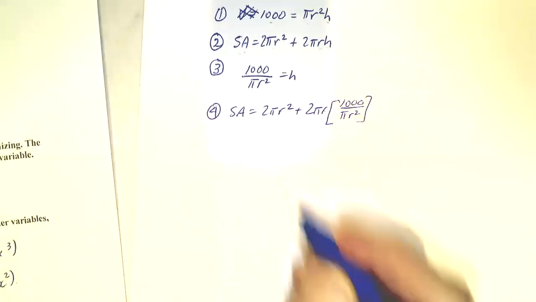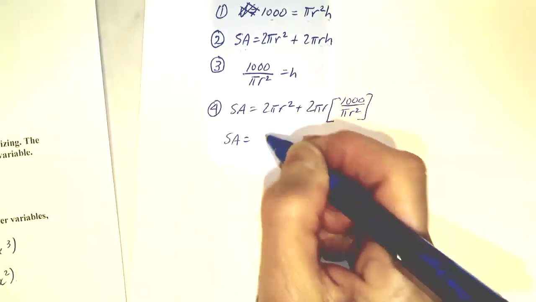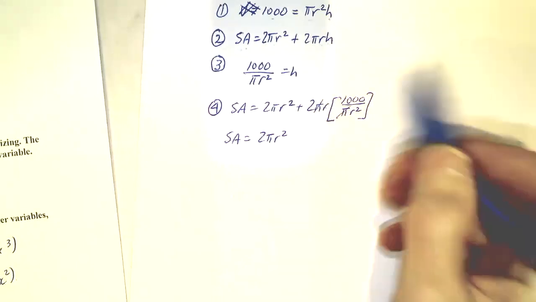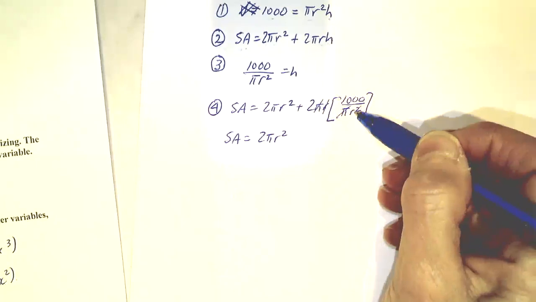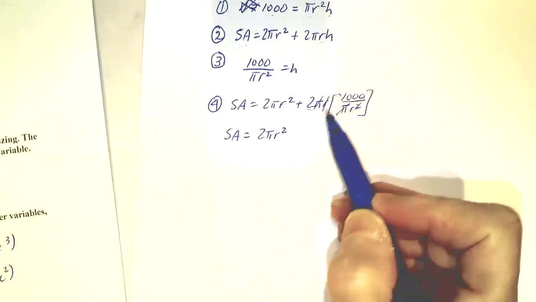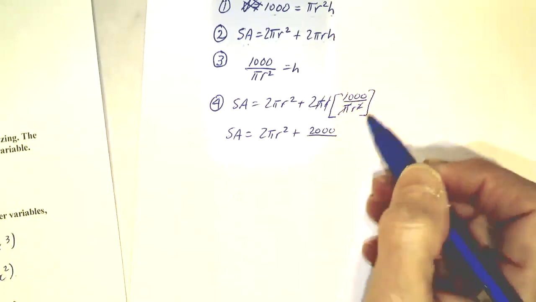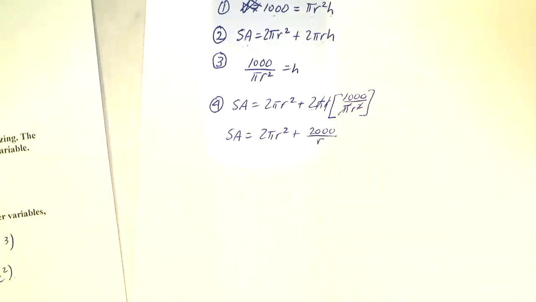So the task is simplify. We leave the 2 pi r squared. This pi reduces. This r takes out one of them. This is like 2 over 1. So 2 times 1,000 is in the numerator, and in the denominator, we have an r.